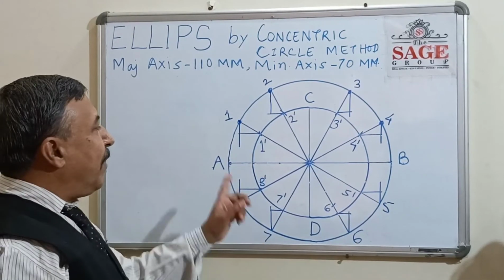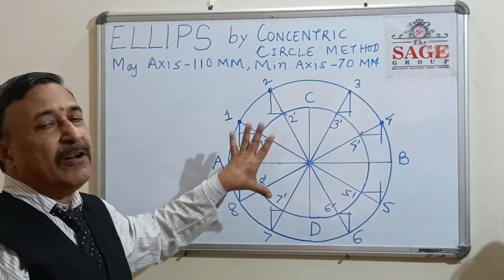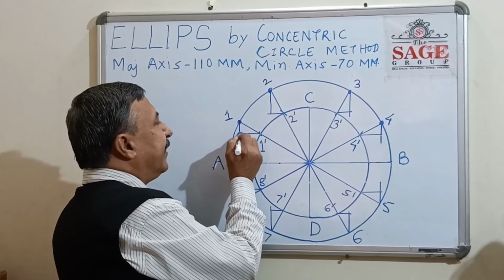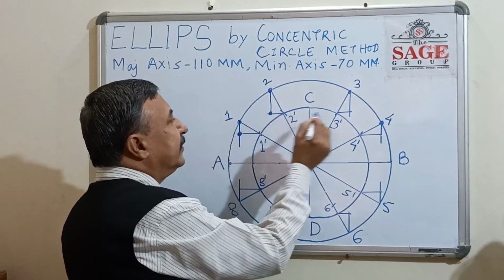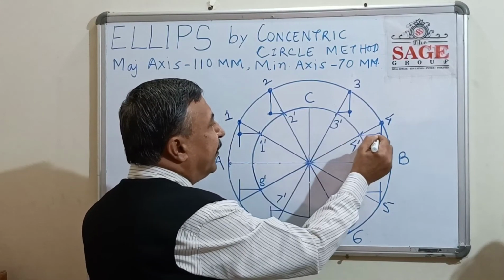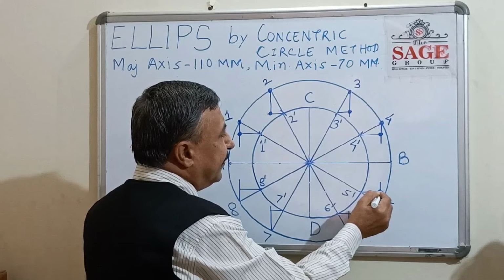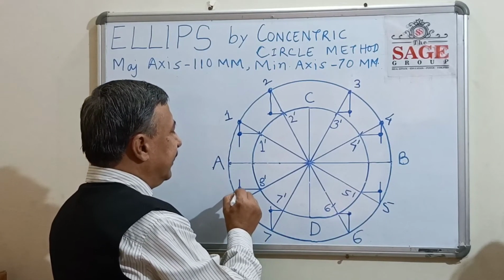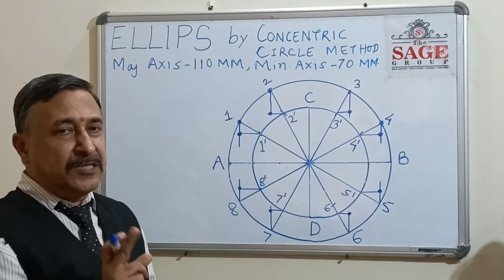Okay. Now by drawing vertical and horizontal lines through these points, we get some intersection points. These are our required points. Now can you give the names of these points? Yes, as we saw in the last problem.